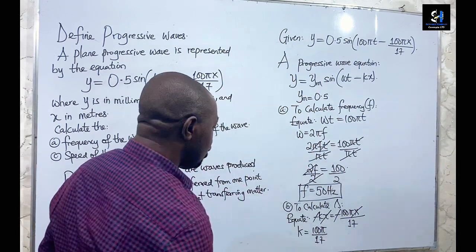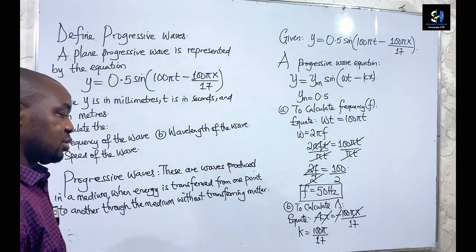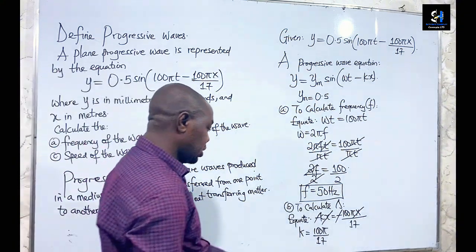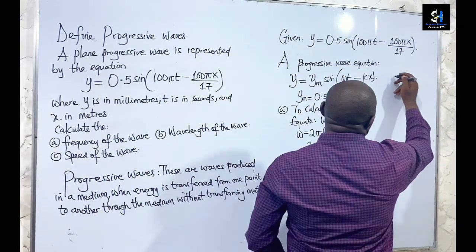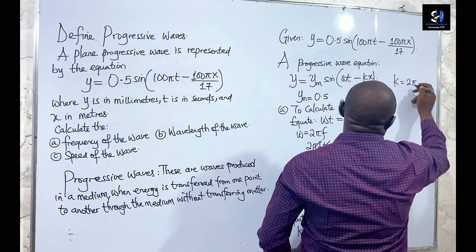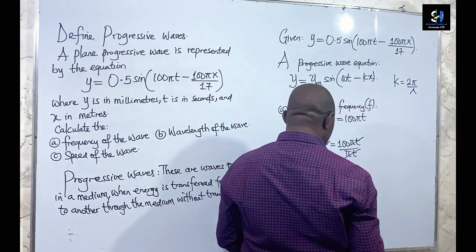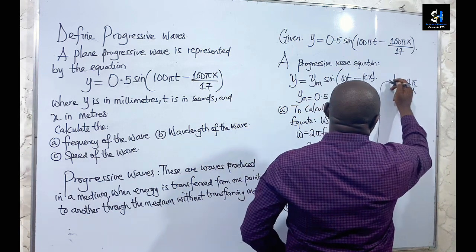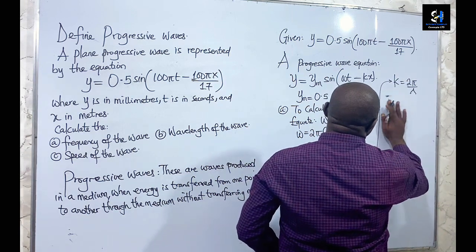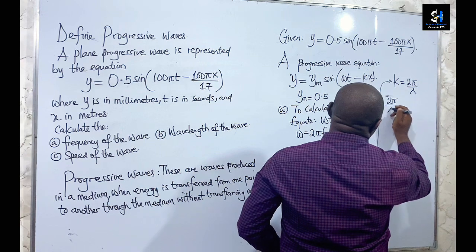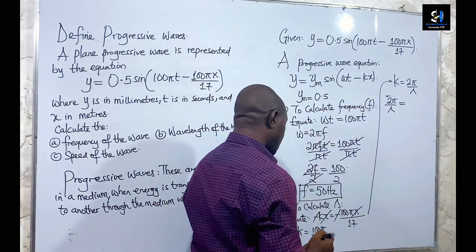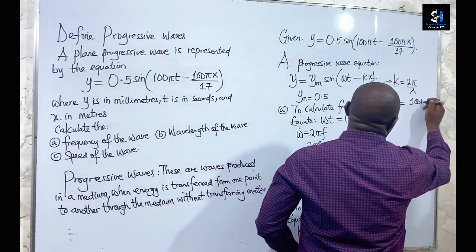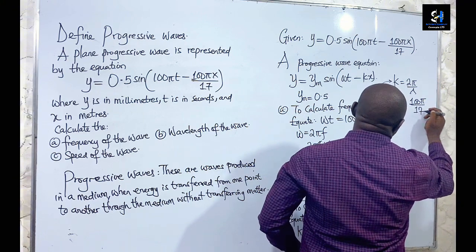This is the wave number, which is the number of waves per distance. We know that k is 2 pi over lambda. So we have 2 pi over lambda equals 100 pi over 17.